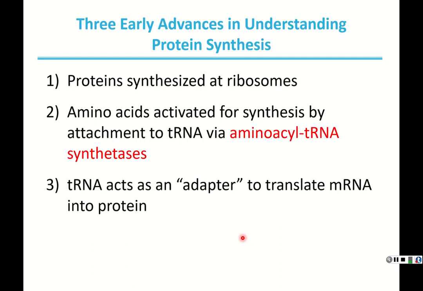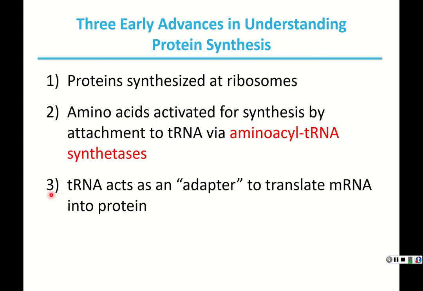So there were 3 early advances in understanding protein synthesis. One, it was determined that proteins were synthesized at ribosomes. Two, it was found that the amino acids were activated for synthesis by attachment to tRNA, or transfer RNA. And this is done by proteins called aminoacyl tRNA synthetases.